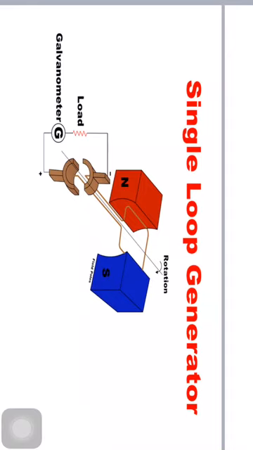That is, when the coil first reaches 90 degrees in the process of rotation, the coil sides do not cut the flux, because the flux moves parallel to them.